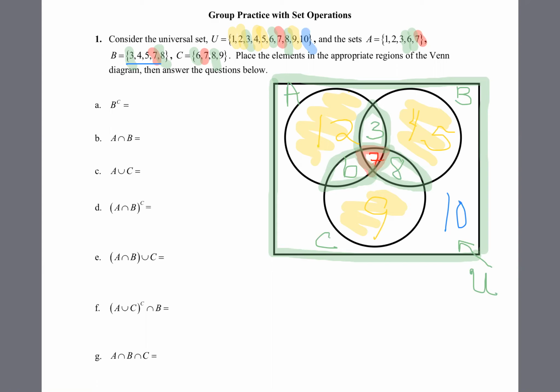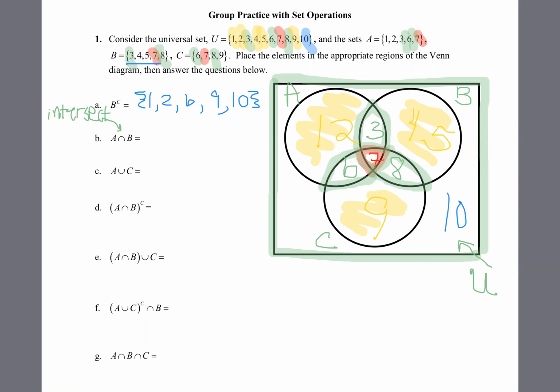Okay, so I'm going to put those in my parentheses. So it's 1, 2, 6, 9, 10. So B was 3, 4, 5, 7, 8. B complement is the rest of the numbers. Then for our next one, we've got to figure out what this means. This is an intersection.